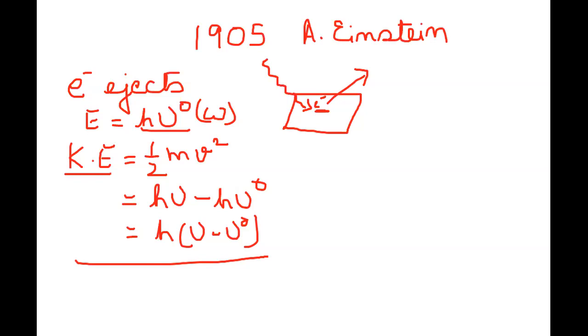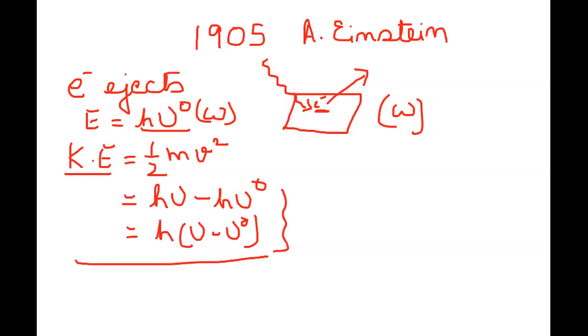A portion of this energy, equal to the work function, is utilized in ejecting the electron free from all the attractions, and the balanced energy is then converted into kinetic energy. That is what we just did here.